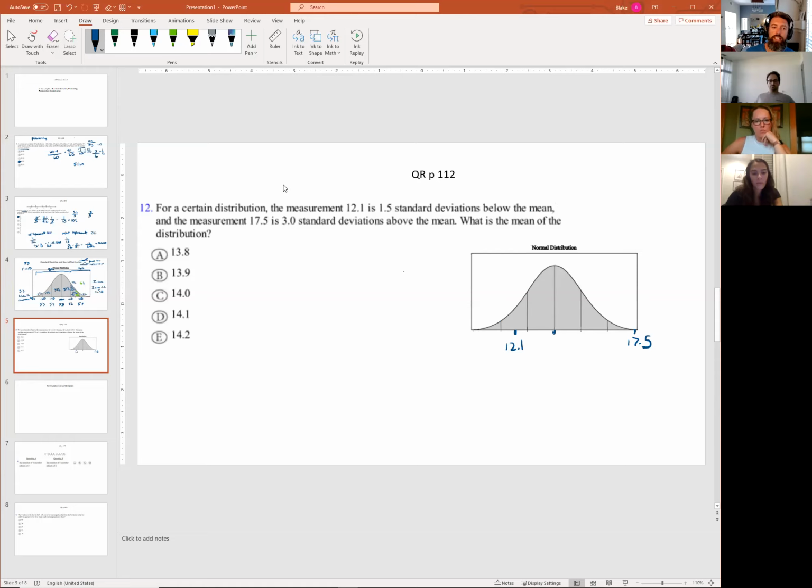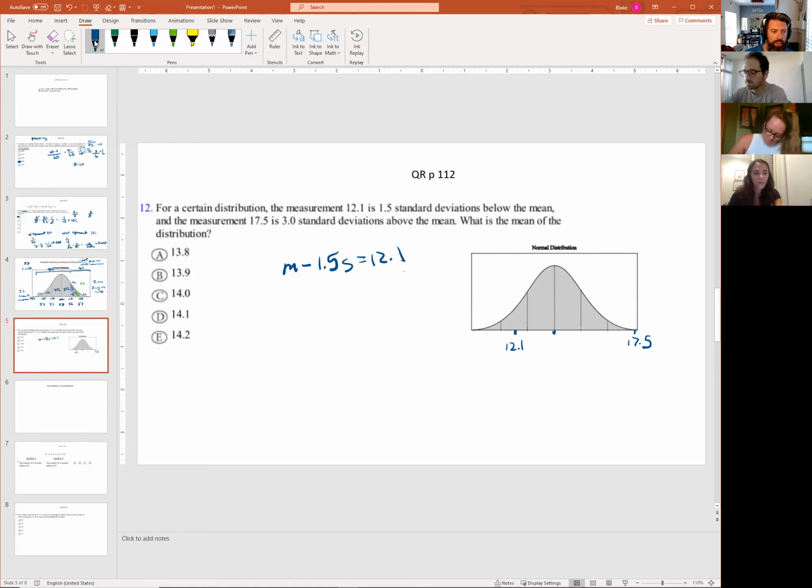Well, one way to look at this is the average. So we'll just call it M for mean. So the mean minus 1.5 standard deviations, and we'll just call it 1.5s, equals 12.1. Does everyone get what I'm setting up here?